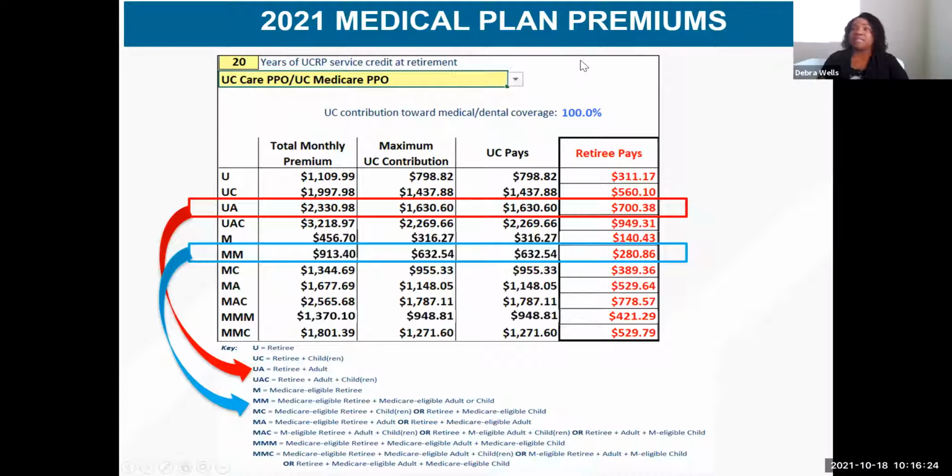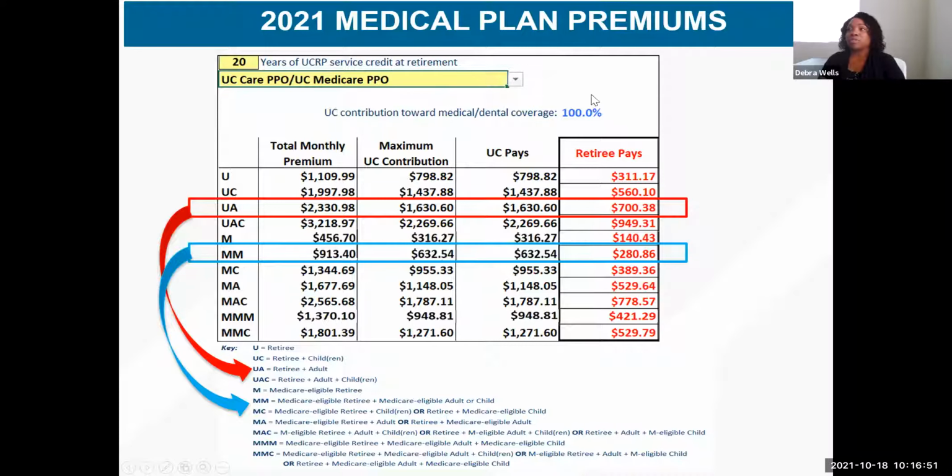Here's an example of this year's 2021 medical plan premiums. I'm using the example of someone that is enrolled in UC Care and aging into UC Medicare PPO, and they have worked at least 20 or more years of service. So they have earned 100% of the UC contribution.